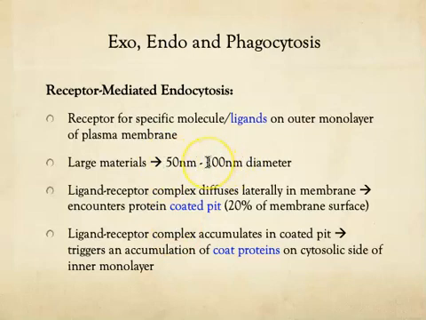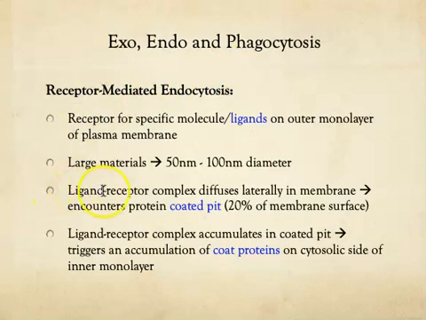So this would be 0.1 micrometer. Technically not even large enough to be called phagocytosis, and certainly we wouldn't call it phagocytosis because of the specific binding that's going on. Now here's where receptor-mediated endocytosis gets very complex.